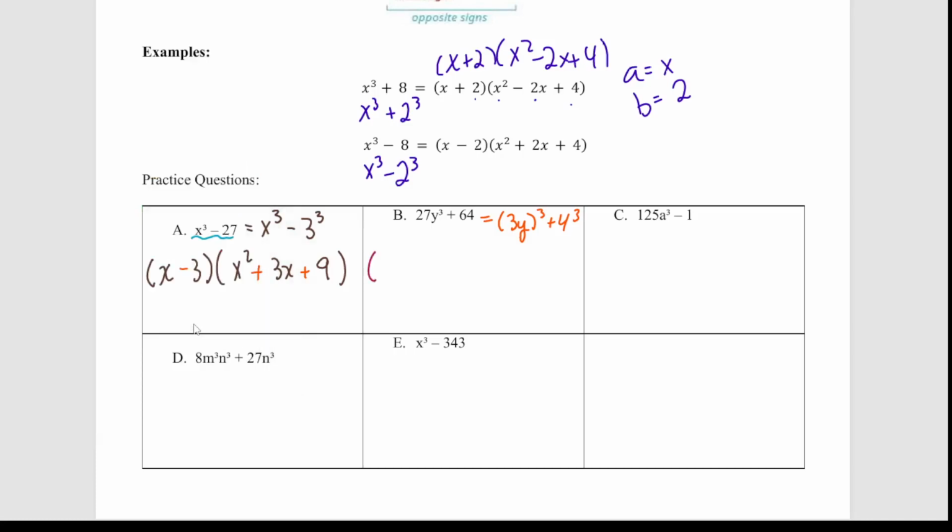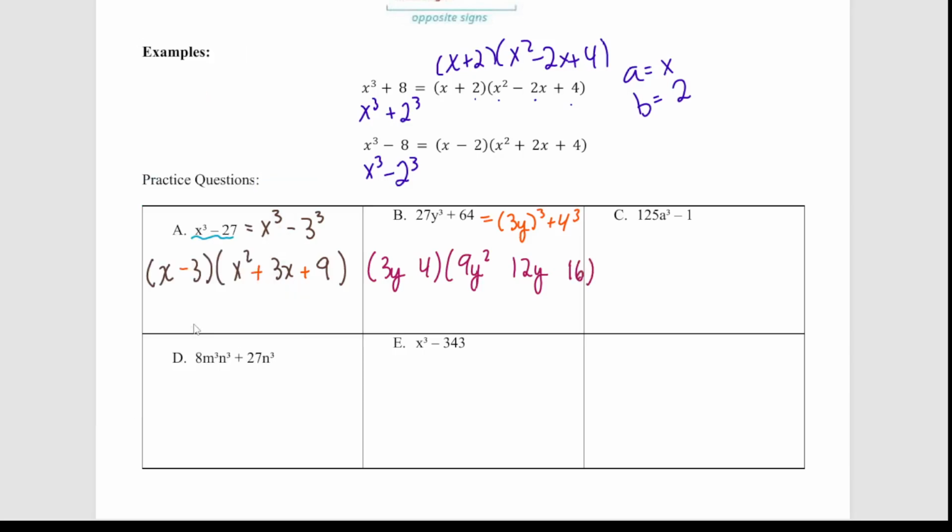So it's always going to be A, B, A squared, which in this case would be 9y squared, because 3 times 3 is 9, y times y is y squared. And then AB, well, we're doing 4 times 3y, so that'd be 12y. And then 4 squared, which would be 16.